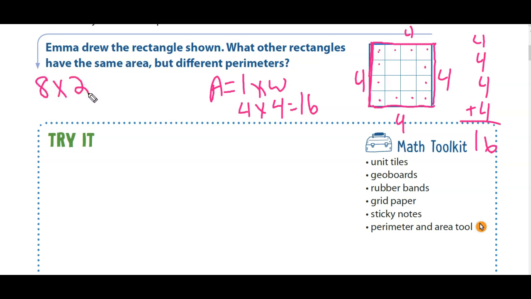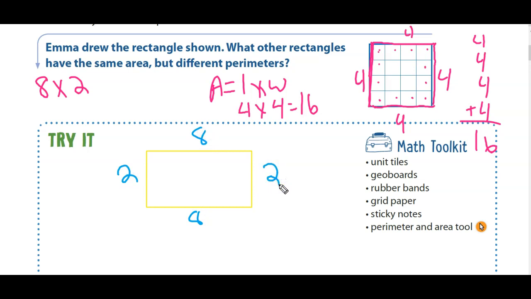So if I have a rectangle right here, and this is 2 on this side. This is 2 here, 8 here, 8 here, and 2 here.